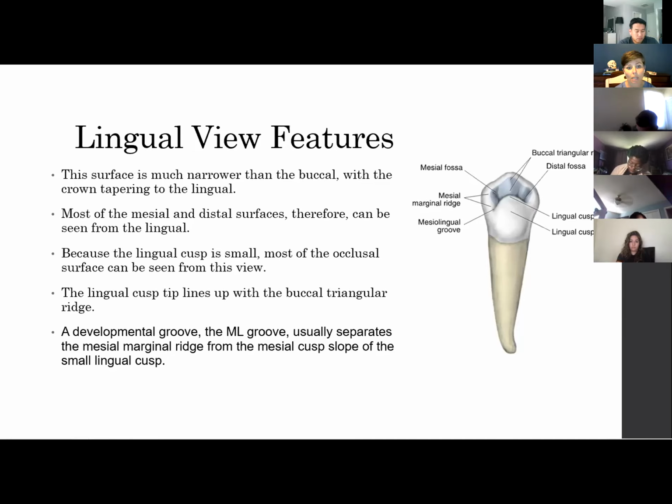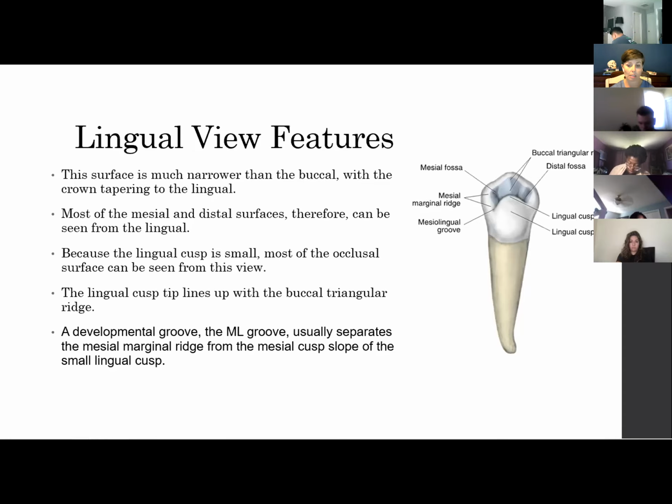The lingual cusp lines up with the buccal triangular ridge. So here is the buccal triangular ridge, and then this is your distal fossa. Here's your cusp. Here's your mesiolingual groove, because it tapers towards the lingual and doesn't just go over.